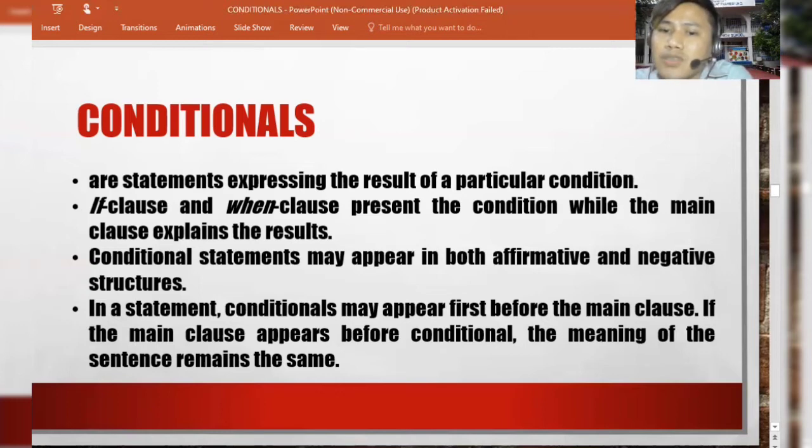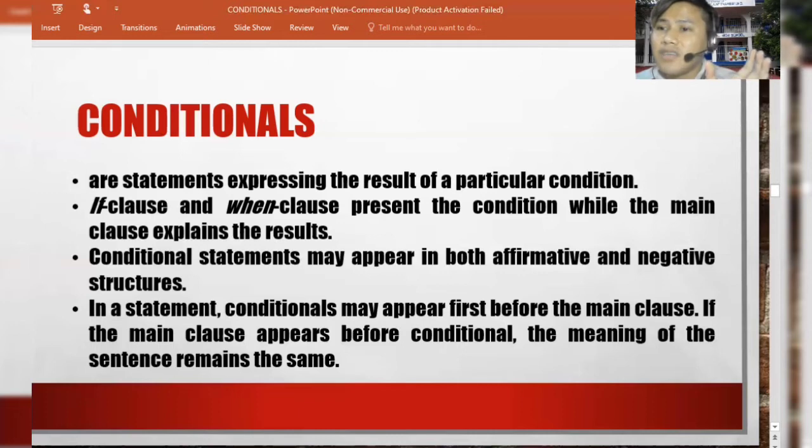Let me just reread our second bullet. If clause and when clause present the condition, while the main clause explains the result. There are two parts, the if clause and the second part, the main clause.